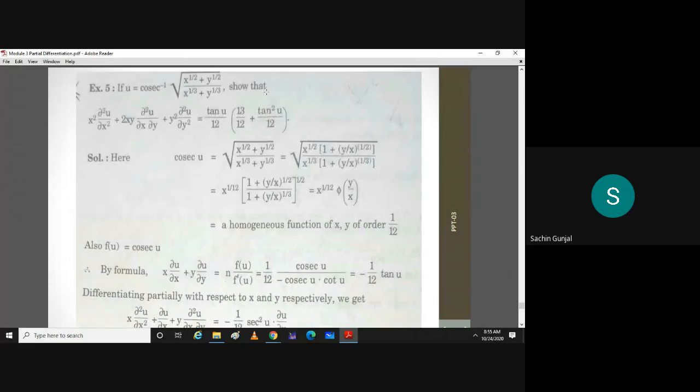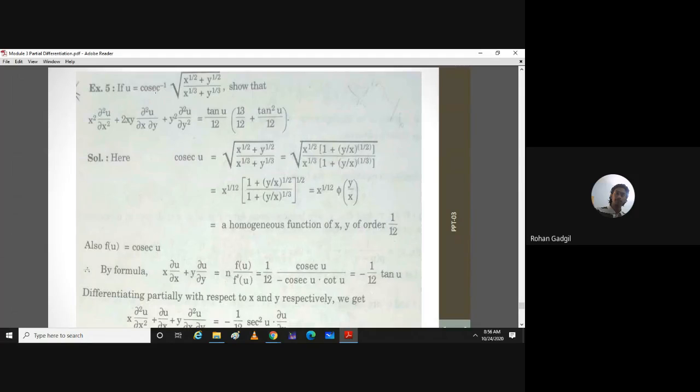Now again, your first question is: is this homogeneous? And accordingly, you decide which corollary to apply. Is u homogeneous? No, sir.